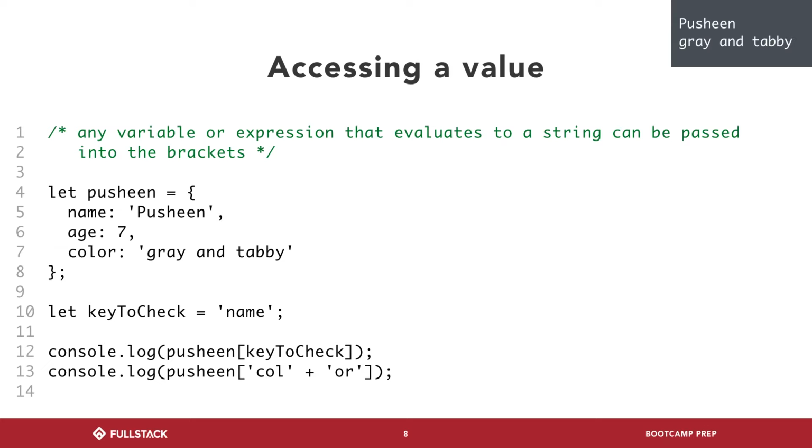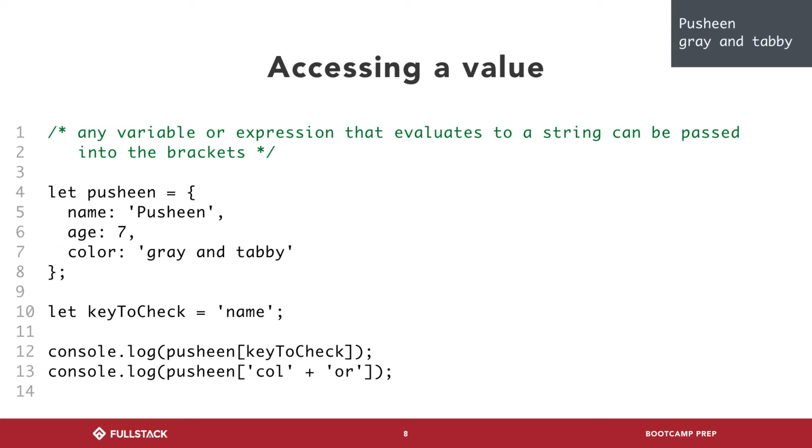Ariana? In line 13, where the key color is broken up, why would anyone do that? Well, what if one half of that was a variable? So let's say I have a dictionary, right? I have a bunch of keys, word 1, word 2, word 3, word 4, word 5, and then someone's trying to access every single word.